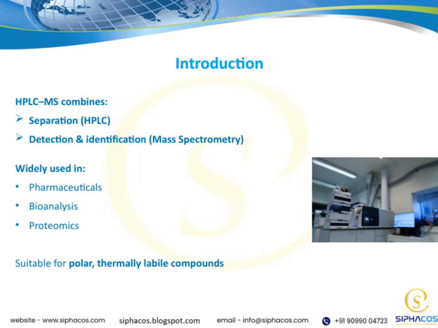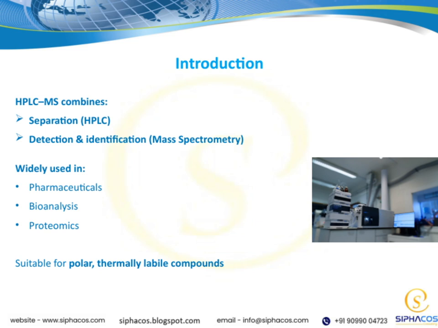Once separated, the mass spectrometer detects and identifies these components based on their mass-to-charge ratios. This combined approach is widely used across various fields such as pharmaceuticals, where precise analysis is crucial, bioanalysis, which involves studying biological samples, and proteomics, the large-scale study of proteins.